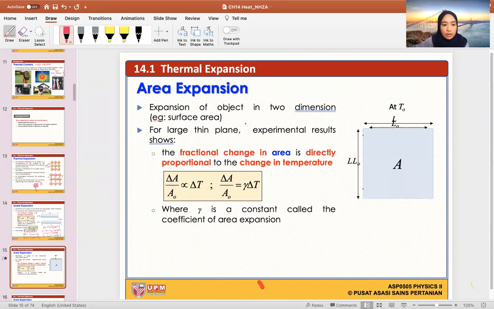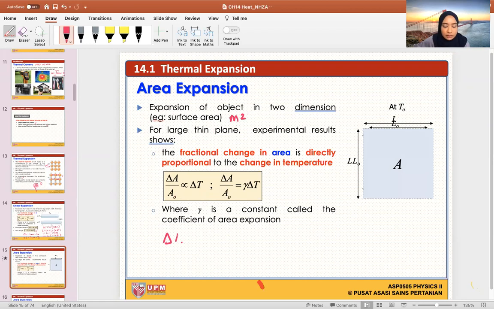Okay, so moving on to area expansion. This is expansion of an object in 2 dimensions such as surface area. Okay, so 2 dimension. Ada X, ada Y. For a large thin plane, experimental results show that the fractional change in area over the initial area is proportional to the change in temperature. Sama macam length tadi.